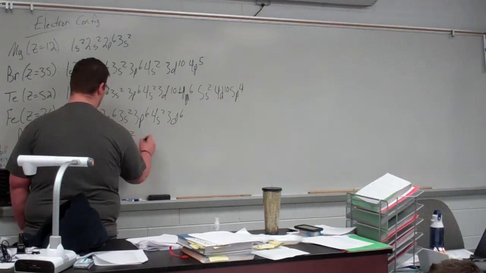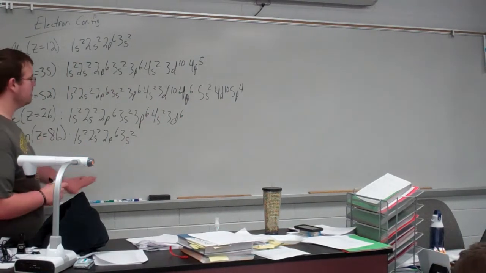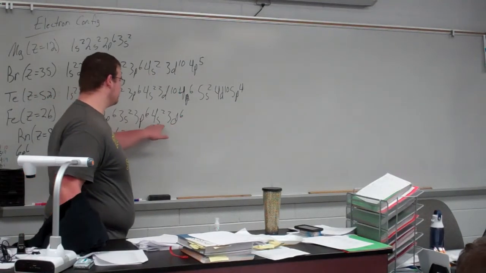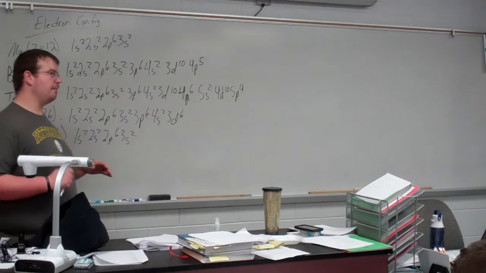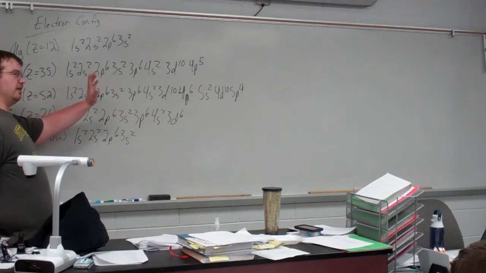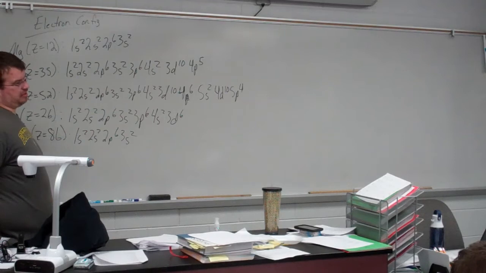I will tell you this. I will give you one of these that breaks because I have to see that you understand this is a lower energy level than this. I'm not known to go all the way into the F block and make you guys really stretch one of these out, except for whenever a kid looked at me and told me that noble gas configurations was not a shortcut.